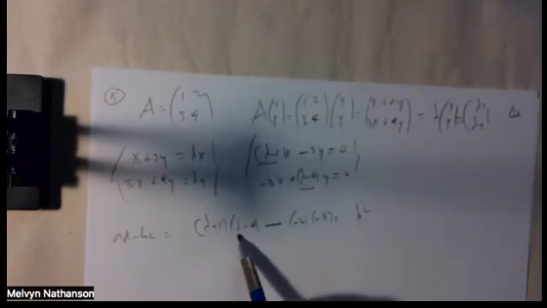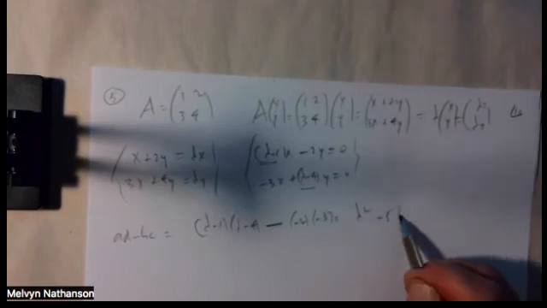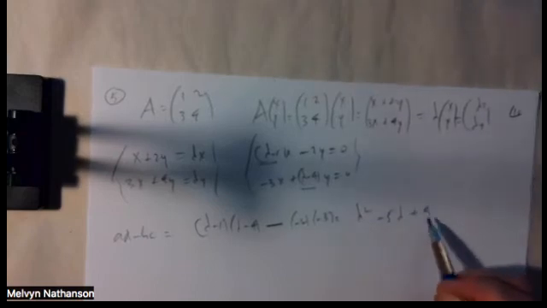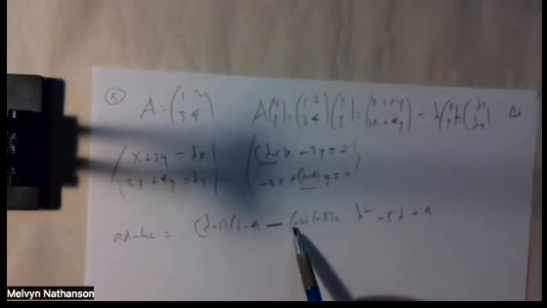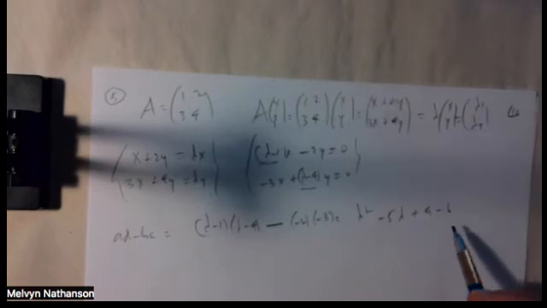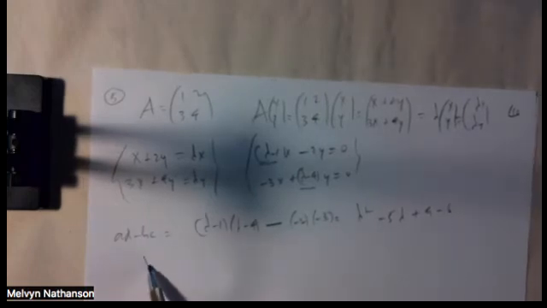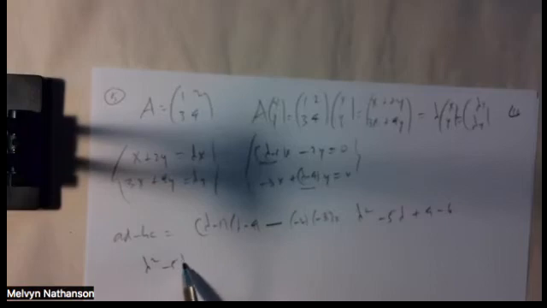So this is lambda squared minus 5 lambda plus 4 minus 6. So I get the equation lambda squared minus 5 lambda minus 2 equals 0.